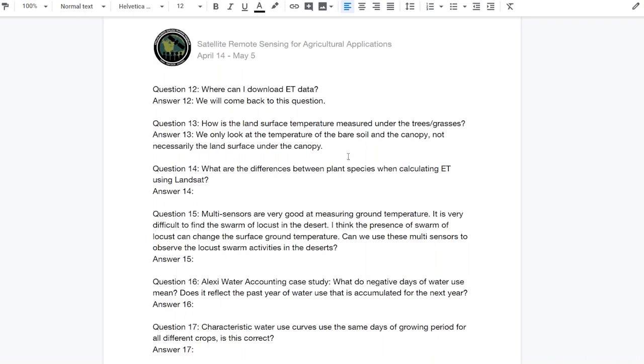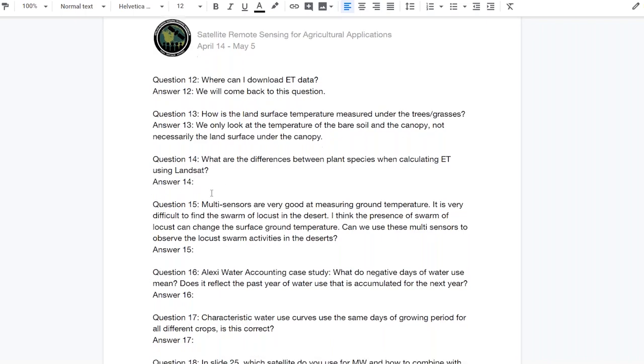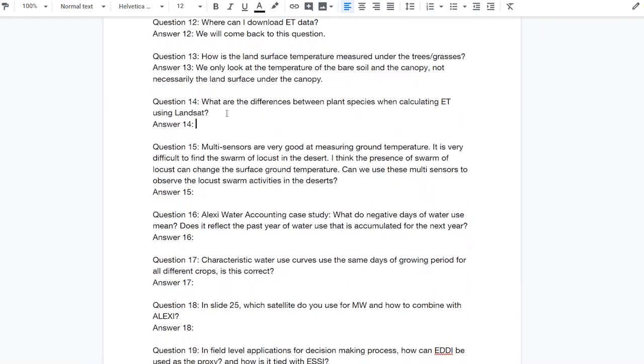Great. Question 14, what are the differences between plant species when calculating ET using Landsat? It depends what method you're using. I think some methods, you need to have some characterization of the vegetation. What type of vegetation are you looking at? A nominal height.